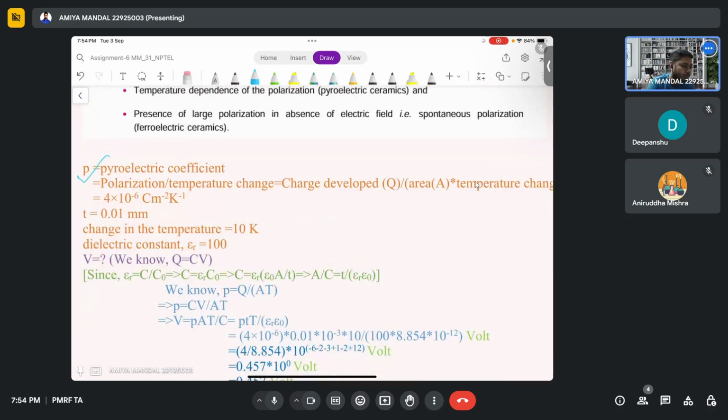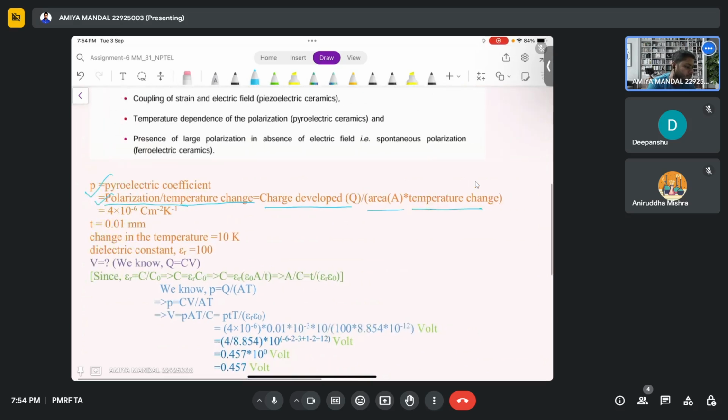The pyroelectric coefficient is polarization per temperature change, meaning charge developed per unit area per temperature change. That is given as 4 microcoulomb per unit area per unit Kelvin. Thickness is given. Temperature change is 10 Kelvin.